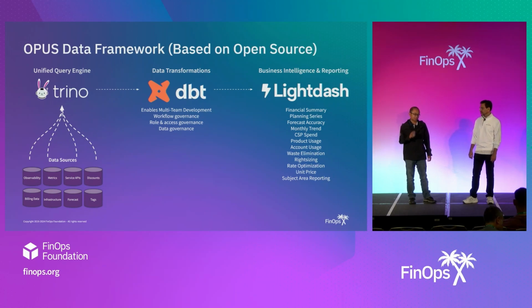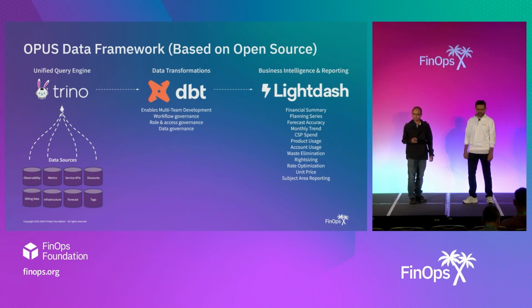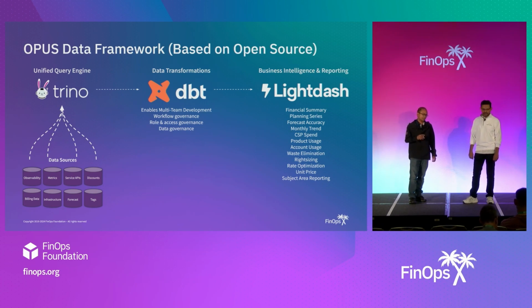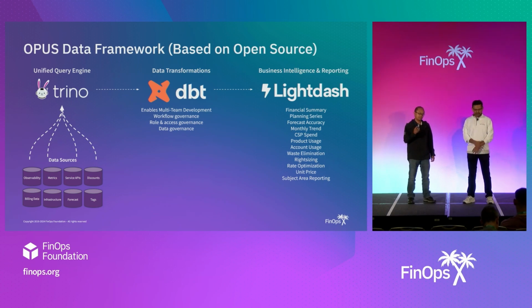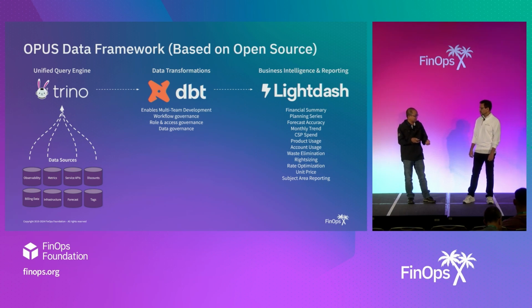Now, how do we do this? Let me talk about 3 main open source technologies that are powering Opus. The first of which is Trino. So Trino is our unified query engine, and it enables us to connect to multiple databases that are spread across multiple accounts and platforms. And once we query off of these, we can query off of them using one single query language.